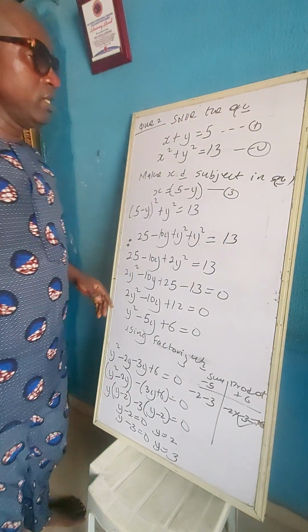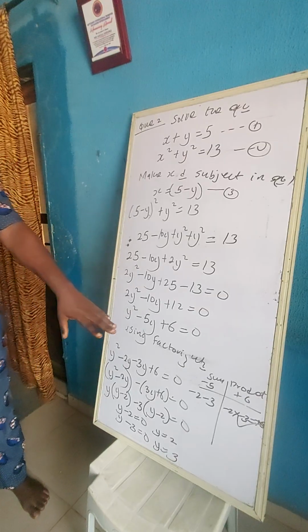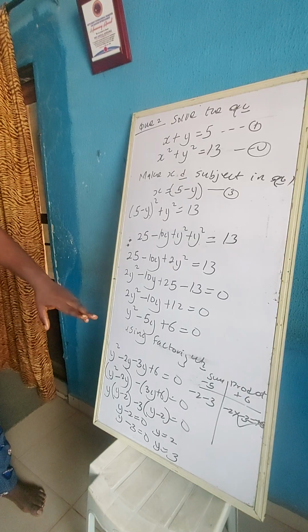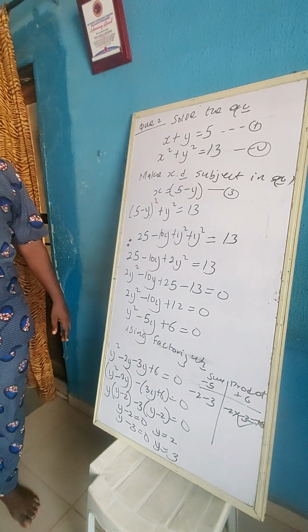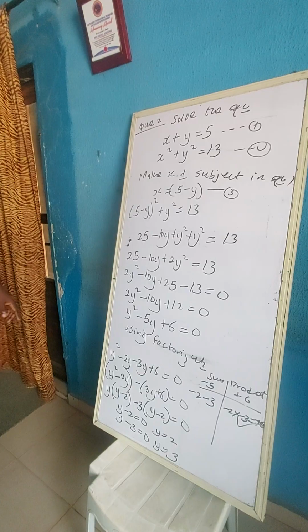We have gotten our y. Since we have gotten two values for y, y equal to plus 2 and y equal to plus 3, we can now use it to get the value of x. Go through it very well before we solve for x.